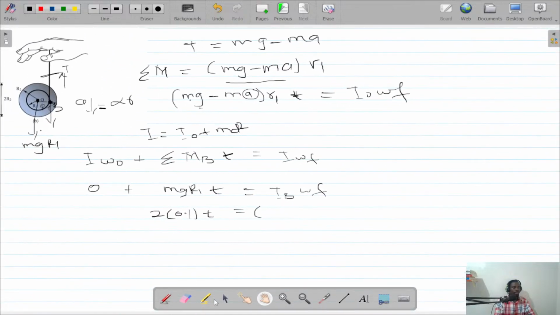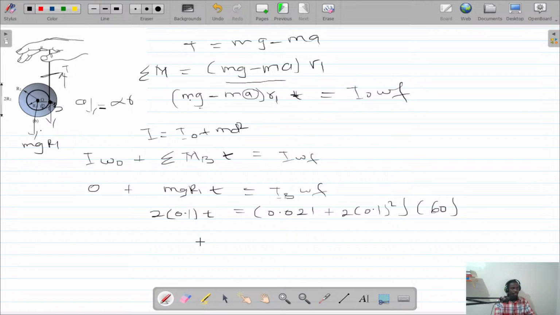So we're going to have 0.021 plus 2 multiplying 0.1 squared multiplying 60 rad per second. So you can easily get the moment of inertia. See, the difference between this and the other one is that here we had to find the angular acceleration or linear acceleration before we can have this expression. And since we don't have that, that will be a problem.